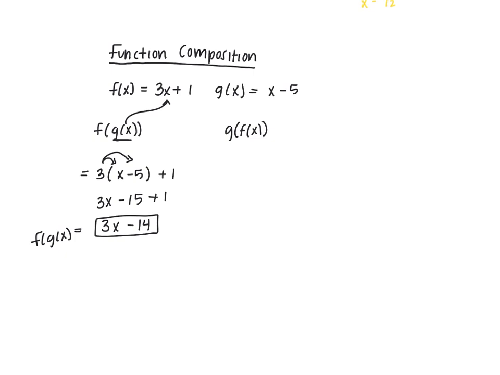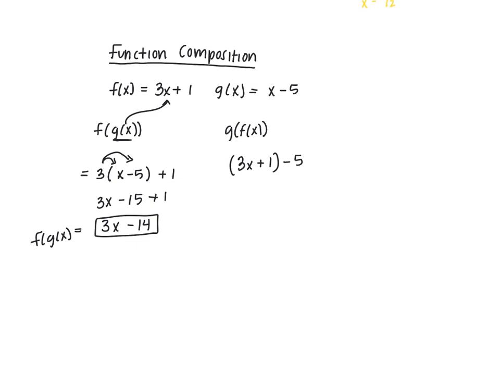To find g of f of x, we're going to do basically the same thing, except this time we are plugging in f of x, which is 3x plus 1, into x in the function g of x. So we have g of x is equal to x minus 5. Instead of x, we're going to write 3x plus 1, because that is what f of x is equal to.